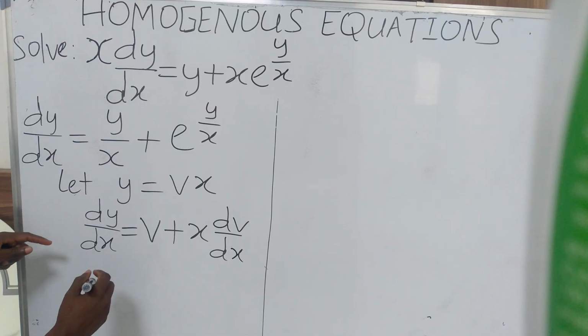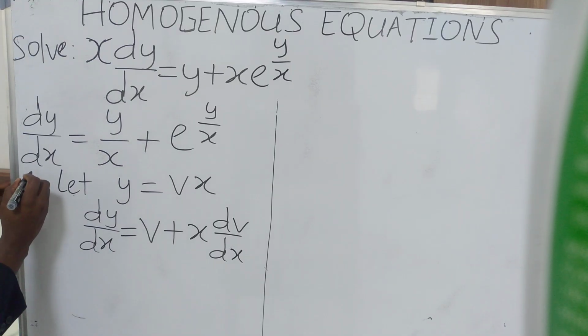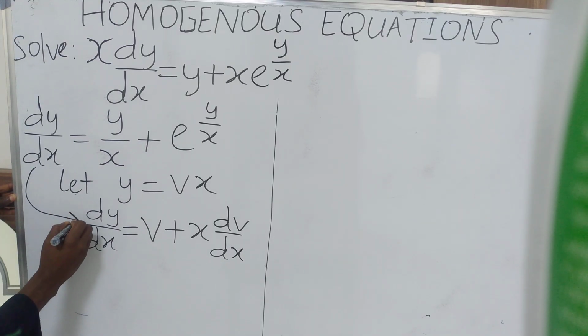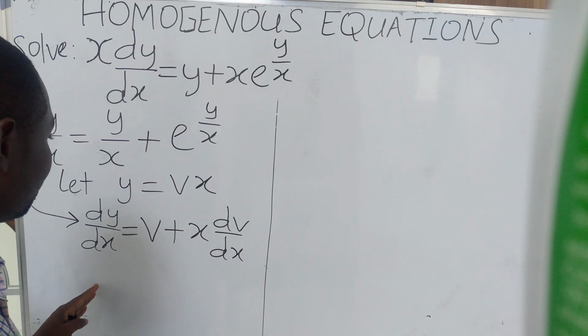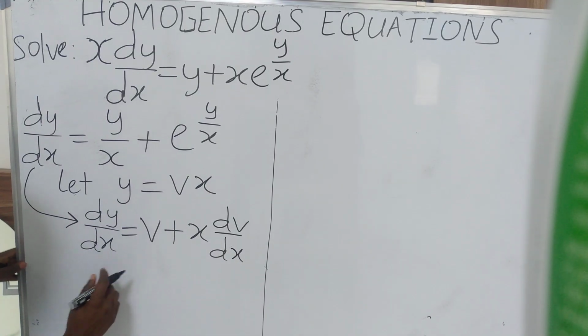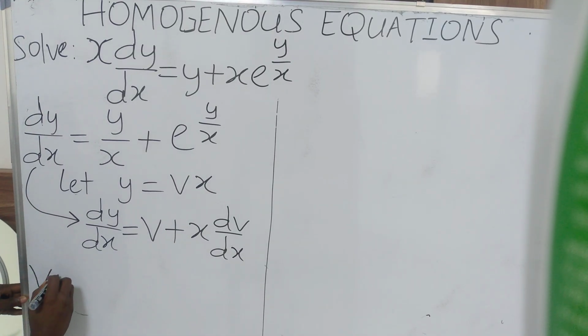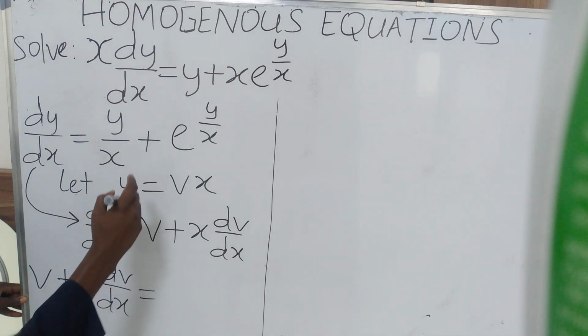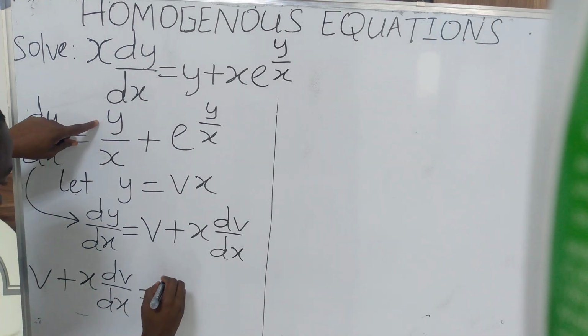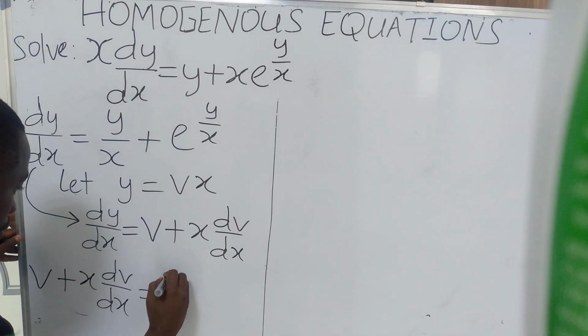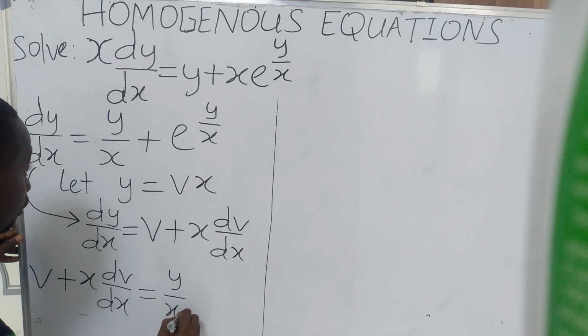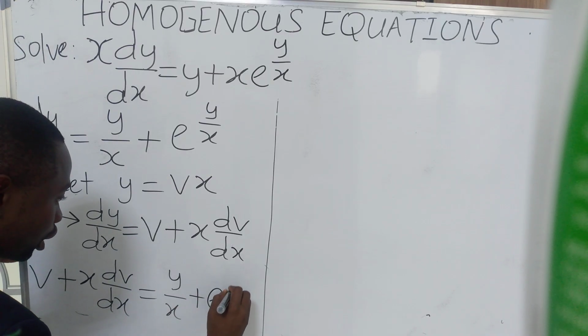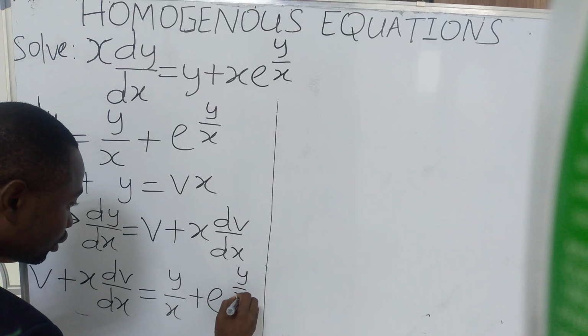Now, I will equate this and this, since both of them are dy/dx. So therefore, v plus x dv/dx is equal to y over x plus exponential y over x.